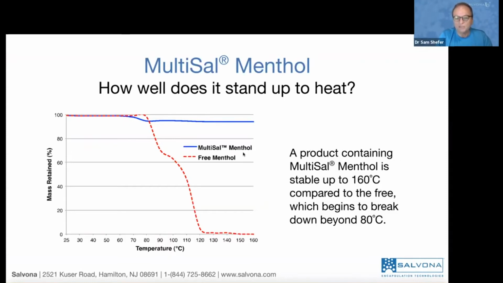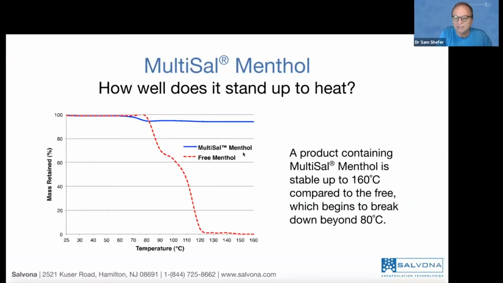So when you buy frozen pizza, for example, or any kind of food, but let's say frozen pizza, the water is not active, it's solid, it will not activate MultiSal. But the moment you microwave it, the heat and the water will break down the MultiSal and you start to smell if the encapsulation is a flavor.